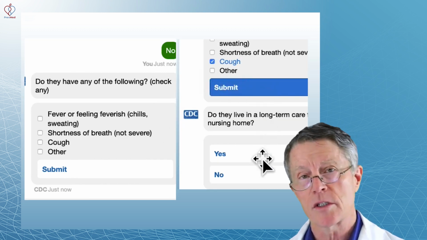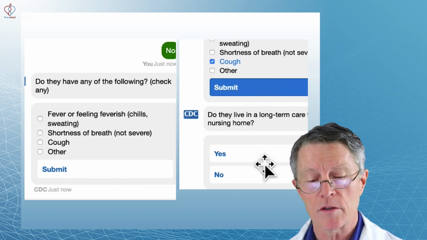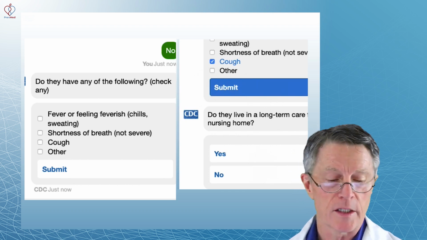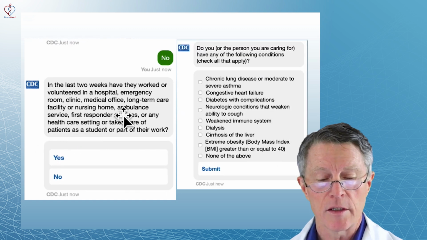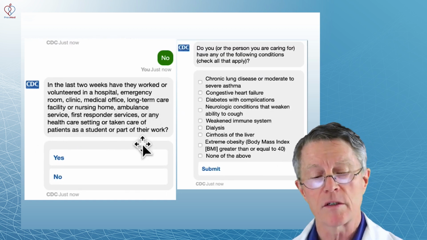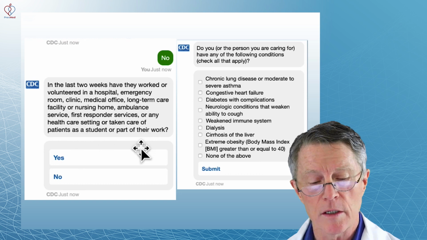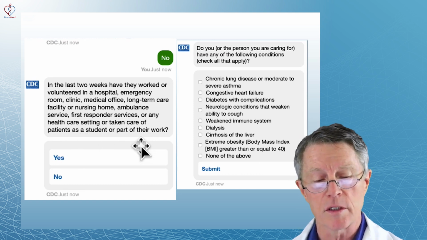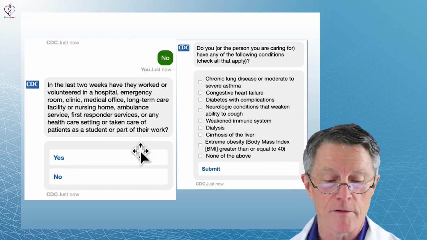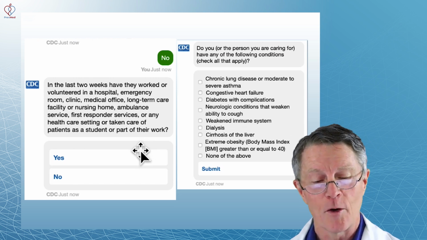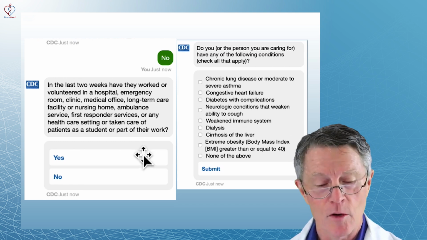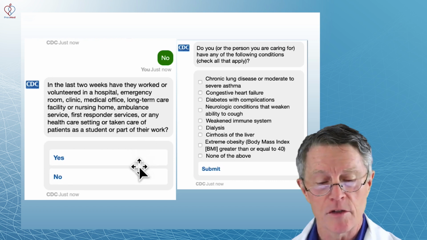The next question that comes up is, do they live in a long-term facility or nursing home? I said no. And in the last 2 weeks, have they worked or volunteered in a hospital, emergency room, clinic, medical office, long-term facility, nursing home, ambulance service, first responder services, or any healthcare setting, or taken care of patients as a student or part of their work?